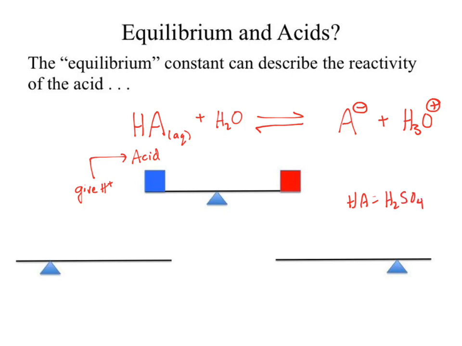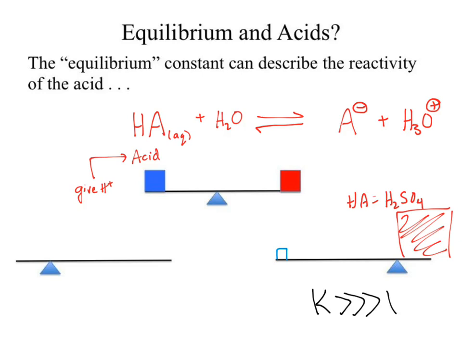What ended up happening? We have a whole bunch of products and very little reactants. What would our K value be? Really, really, really big. In the case of our orange juice, I'm just going to say HA equals, for lack of a better descriptor, OJ. What happens?